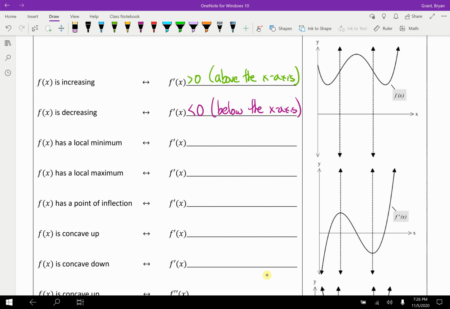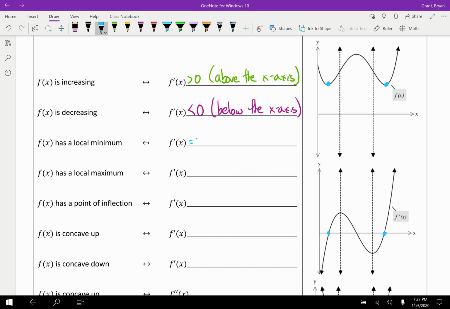All right. f has a local minimum. So local mins, I see two of those right there. What does that look like on f prime? Well, just kind of matching it up, right? We can see that it looks like my local mins are right here. So what does that mean? Well, first, we can state the obvious.